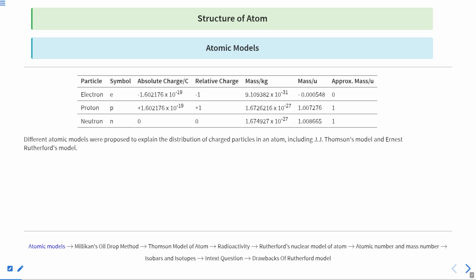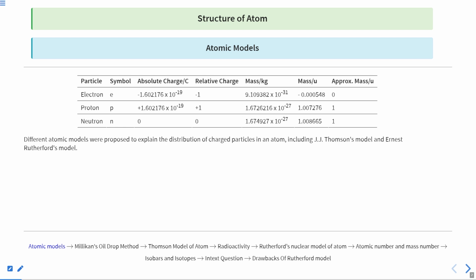So these were the conclusions that we got: the charge on the electron is this much, the charge on the proton is this much, and the charge on the neutron is this much. But if you see the previous experiment that we conducted lastly, the cathode ray tube, or electron discharge experiment, we passed high voltage electricity through a tube and were able to measure the charge to mass ratio.